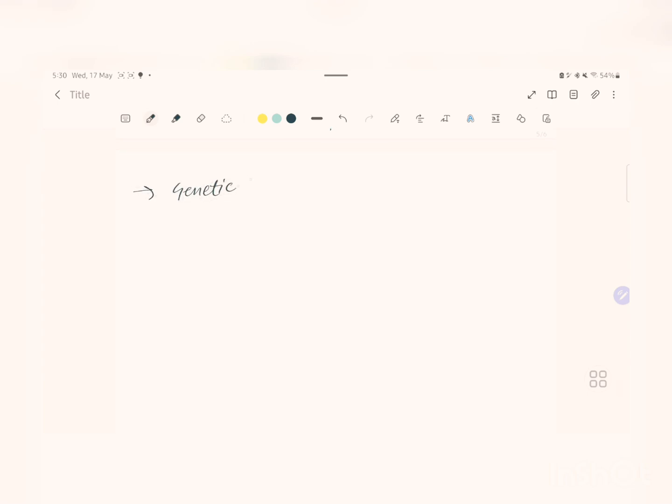Then another method of preventing spina bifida is genetic counseling. What is genetic counseling? If we have a patient who already has a genetic history of spina bifida in the family, like in a patient with trisomy 18, we advise them not to continue the pregnancy.